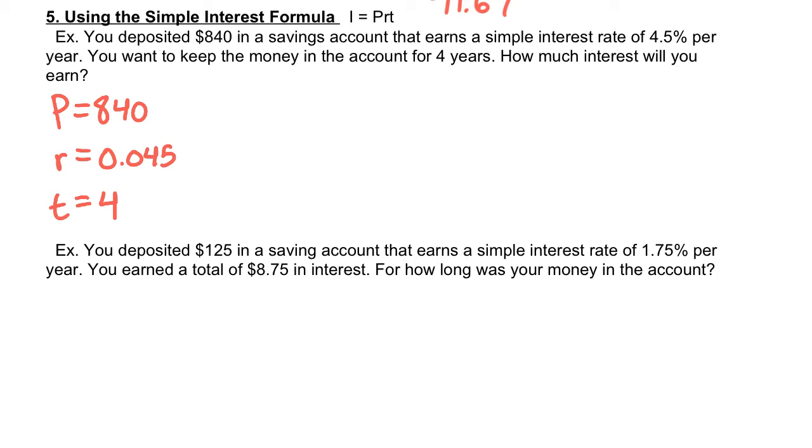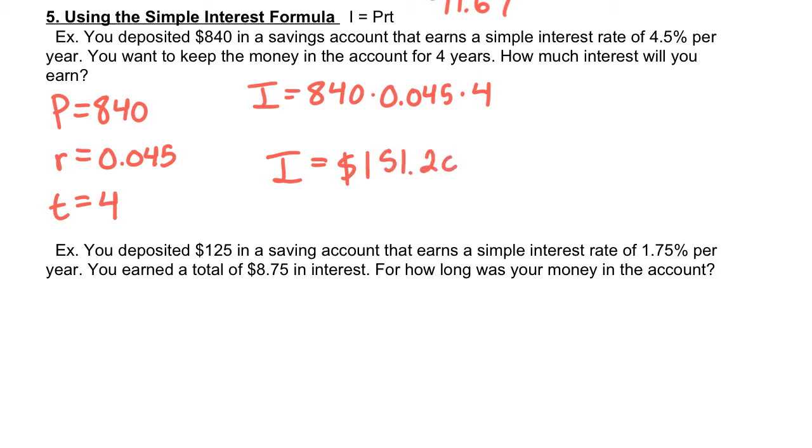So to find out the interest I earn, I take 840 times 0.045 times 4. I'm going to have to use my calculator for that. The interest I earn is $151.20.